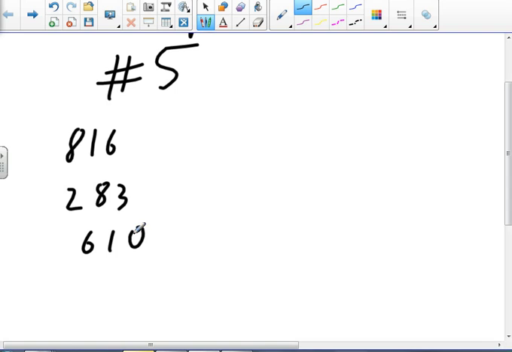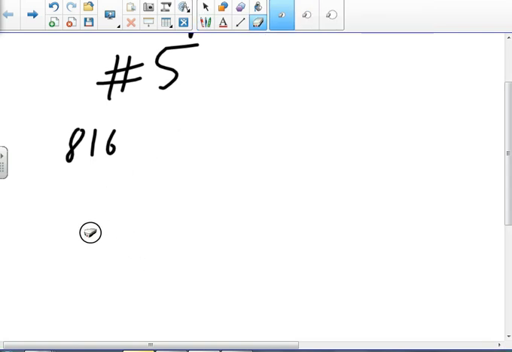Okay, this is what we're gonna do. We're gonna start with the first number. It says 3-digit number, row 10, and move across from left to right.